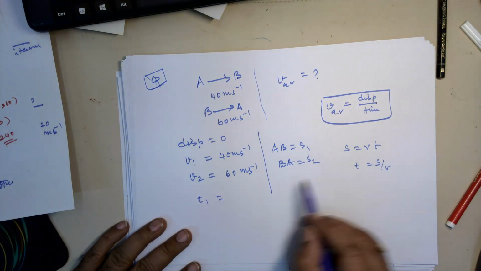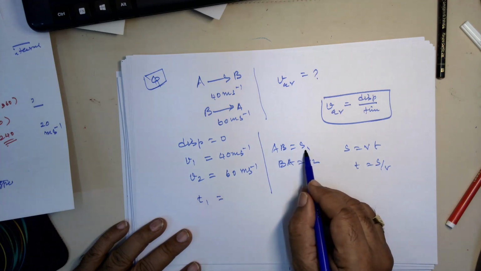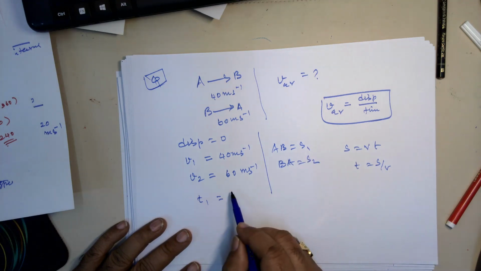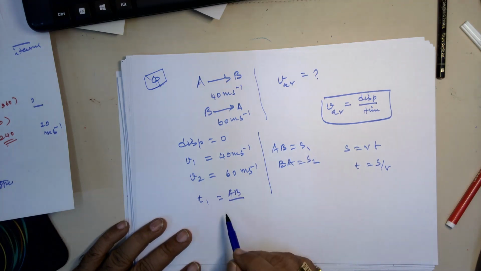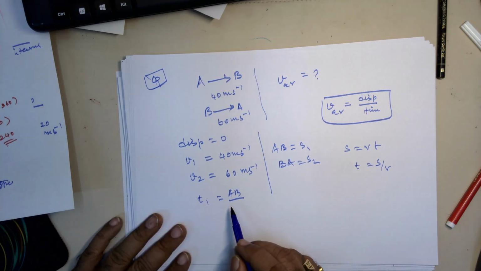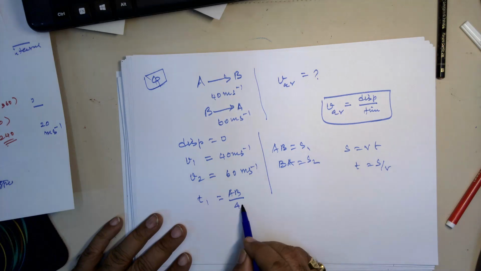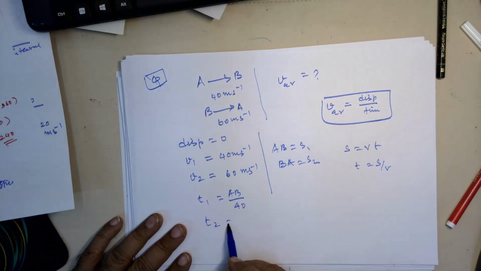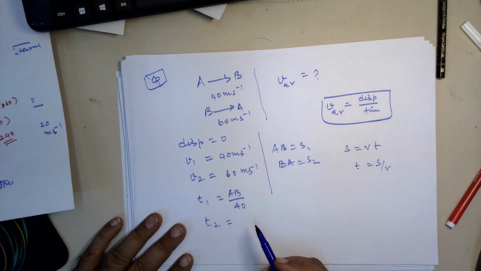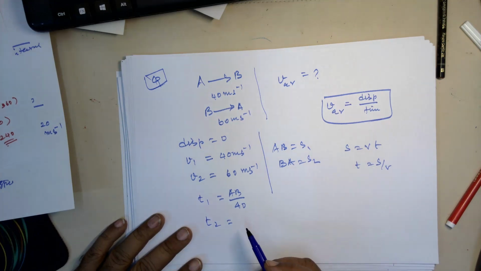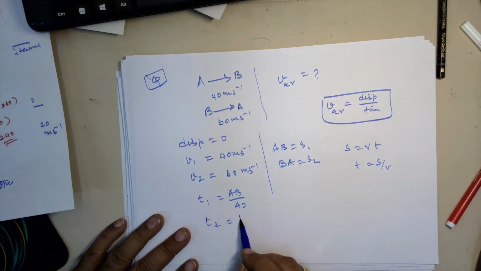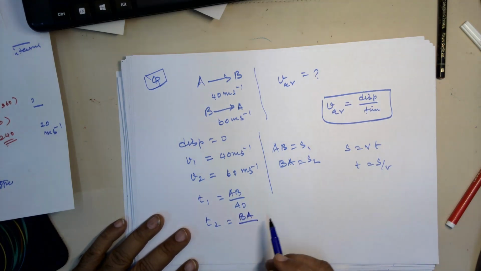T1 is S by V, that is S1 by V1. What is S1? AB. So AB divided by V1, and V1 is 40. What is T2? BA by V2, which is 60.